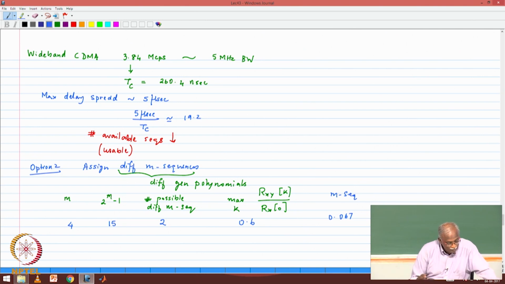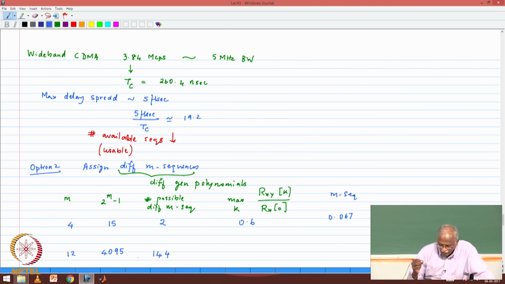Okay. Now again, m equal to 4 is only a simple example, but typically you have to go for something much larger. So let us look at 12. 4095 sequences are available, cyclic shifts. The number of possible sequences, primitive polynomials, is 144.